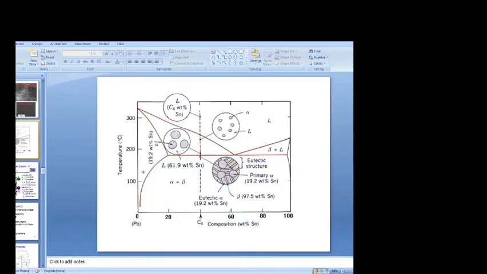So this distinguishes one alpha from the other: the one which resides in the eutectic structure is the eutectic alpha, while the other, formed prior to crossing the eutectic isothermal, is called the primary alpha.